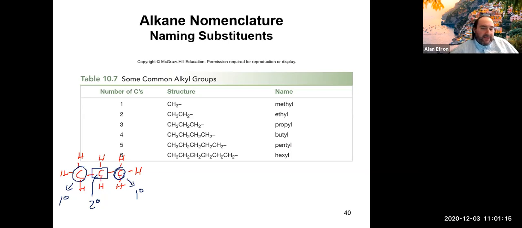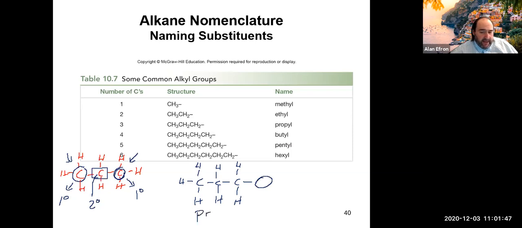Okay. So what does this have to do with groups? Well, if I remove a hydrogen from the carbon at the end, I end up with a group that looks like this. This group would attach to the next carbon as a group at the end.